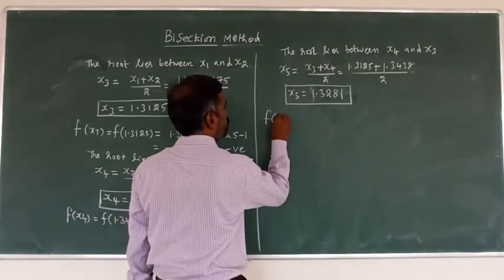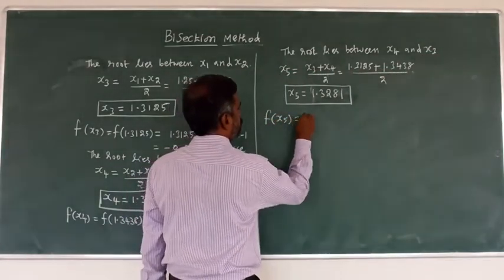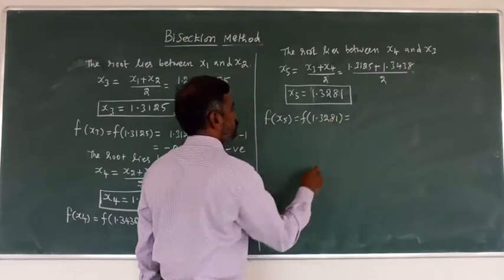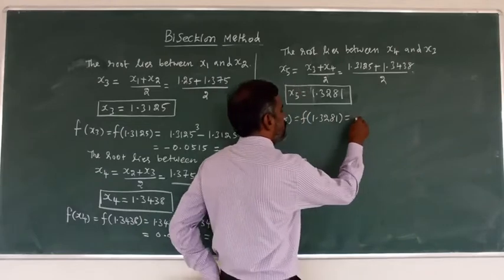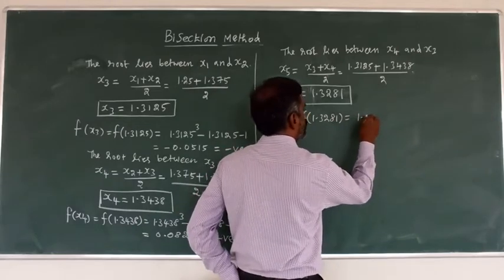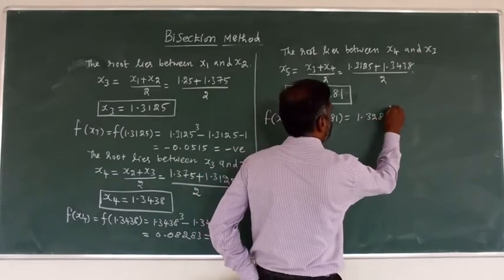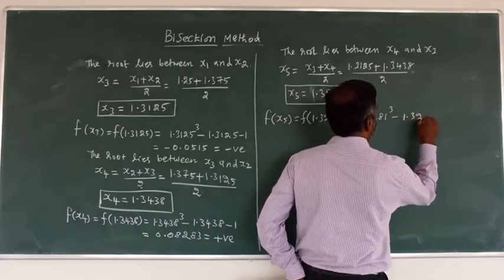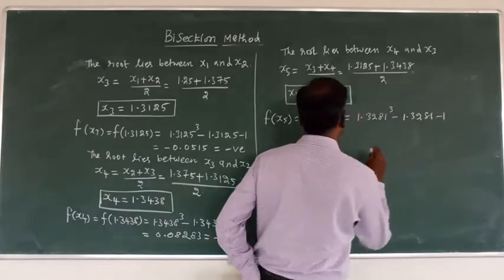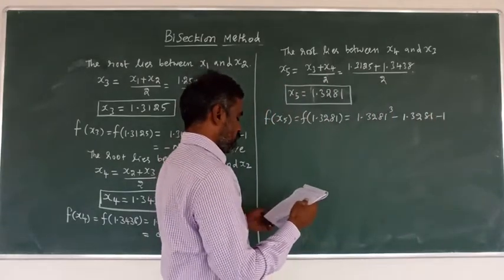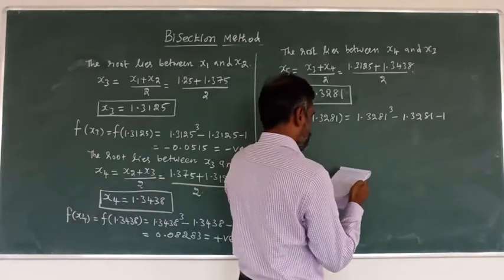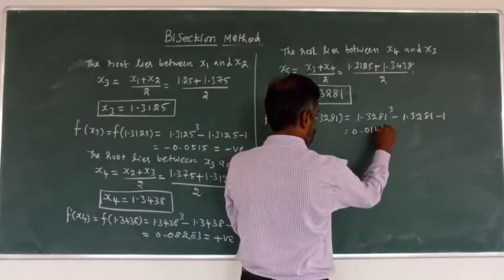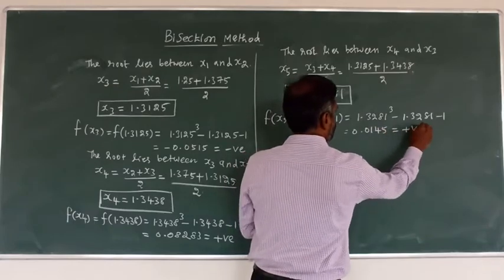f of x5 equal to f of 1.3281. Now substitute in f of x, that is x cube: 1.3281 cube minus x value 1.3281 minus 1. Now we get the result 0.0415. This is a positive result.